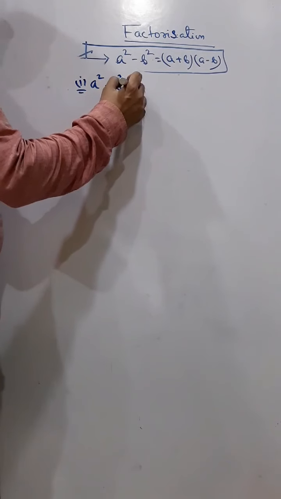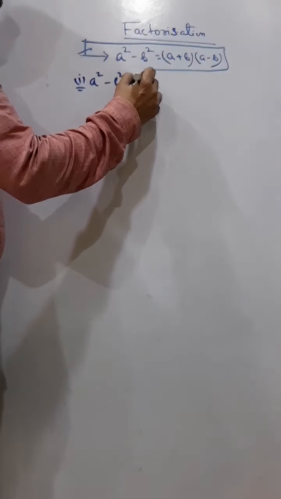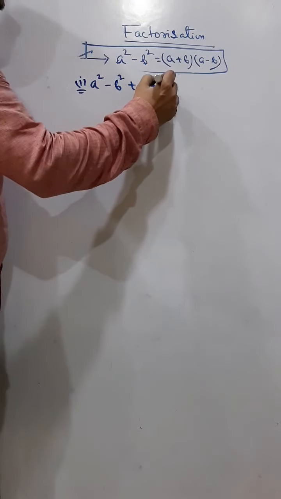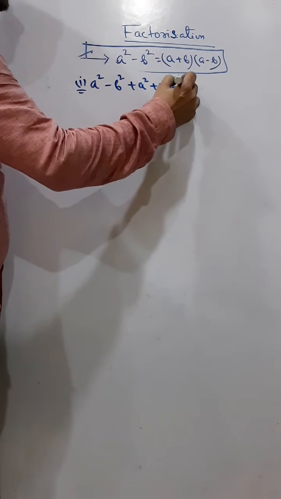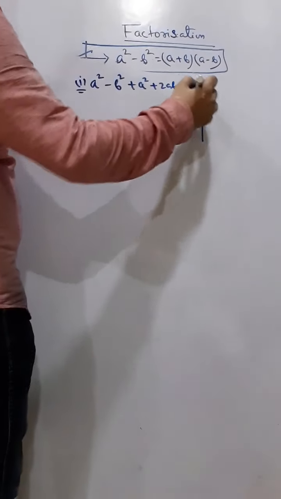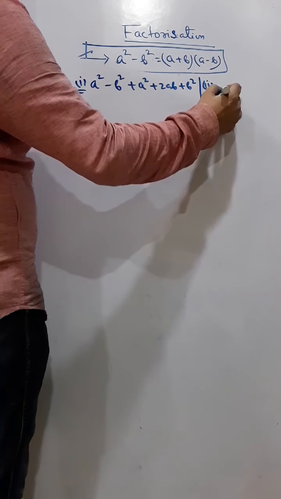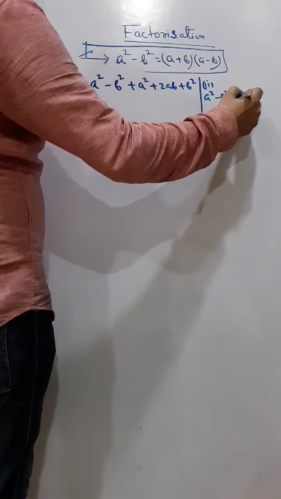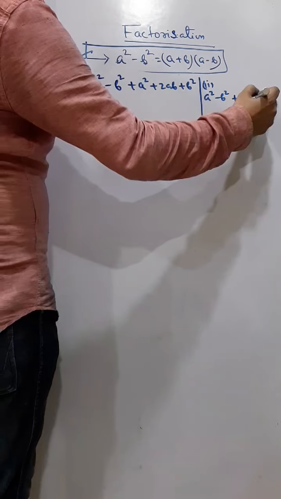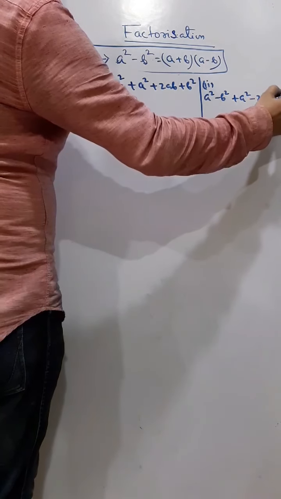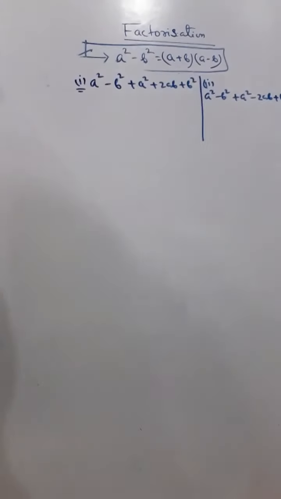This is the first format, a square minus b square, and then you can have a square plus 2ab plus b square format. Or you can also have again a square minus b square, then plus a square minus 2ab and plus b square format.